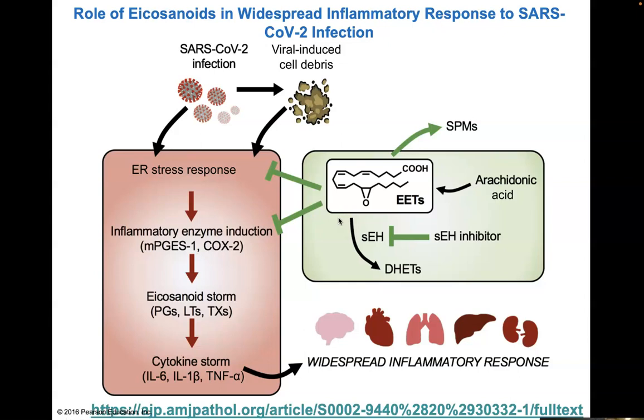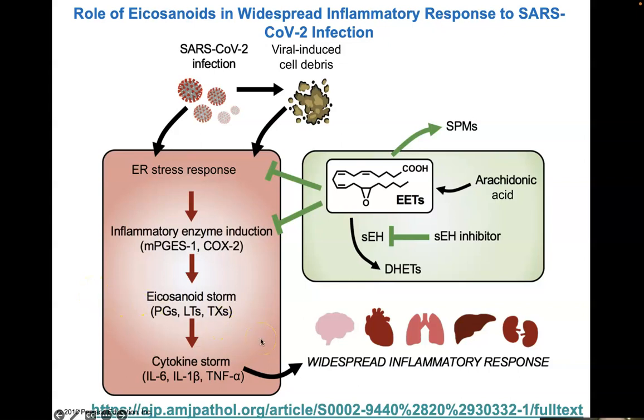Kind of interesting, there is a role of eicosanoids in the widespread inflammatory response in SARS-CoV-2 infections. It's interesting in terms of the role of the eicosanoids in the inflammatory storm. Prostaglandins are released as part of that inflammatory storm in SARS-CoV-2.